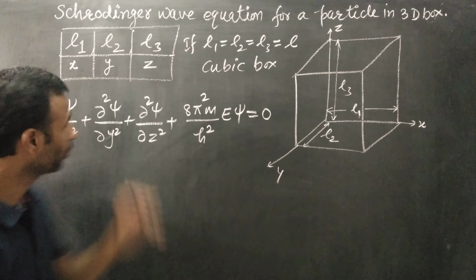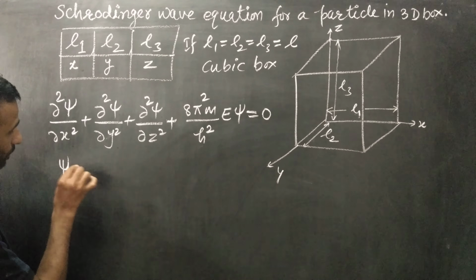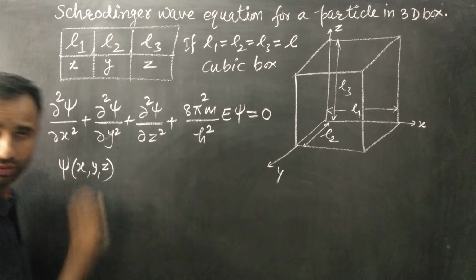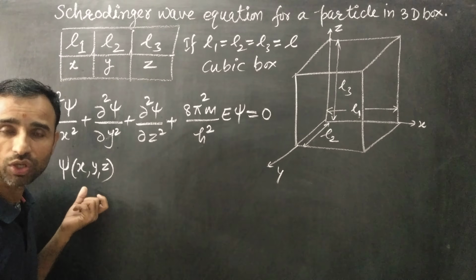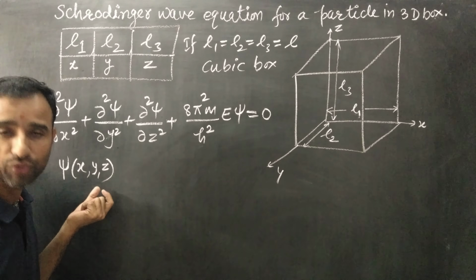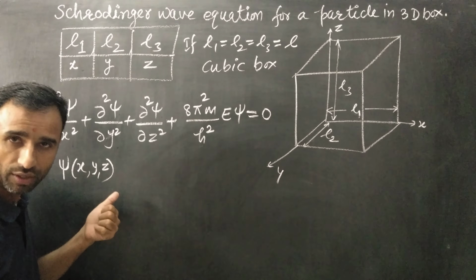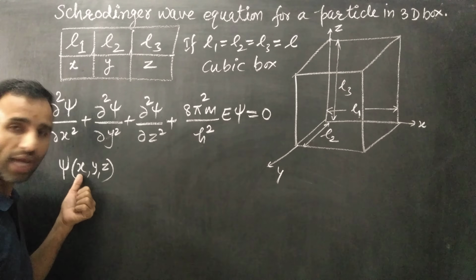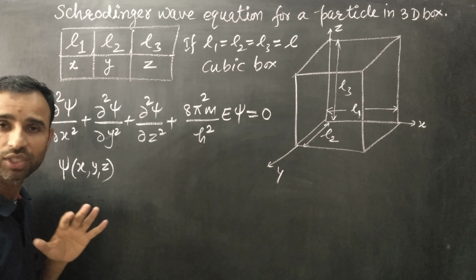Okay. Now you know this psi is a function of x, y as well as z. These are the three independent variables x, y and z. Because the box is 3D, psi depends upon x as well as y as well as z.